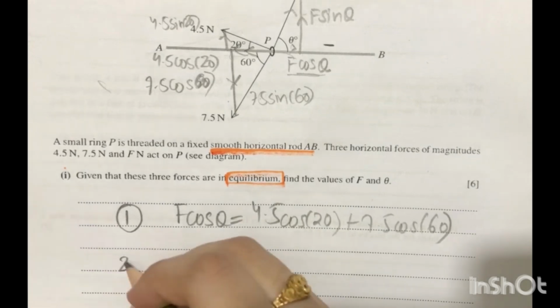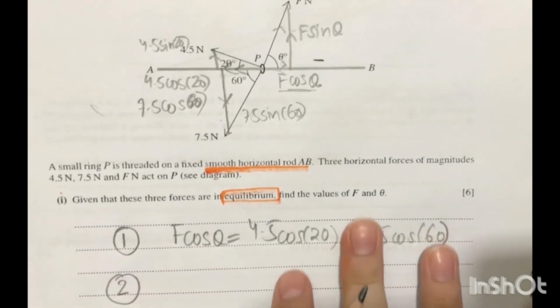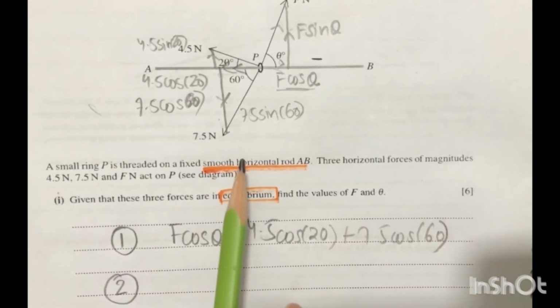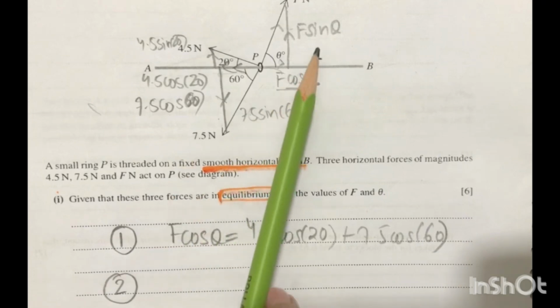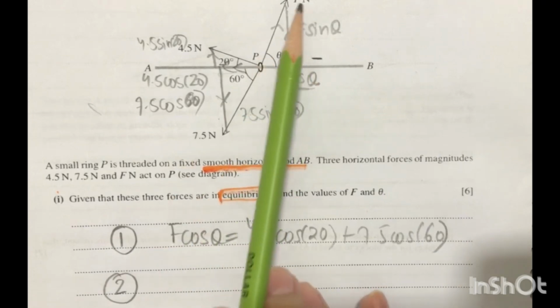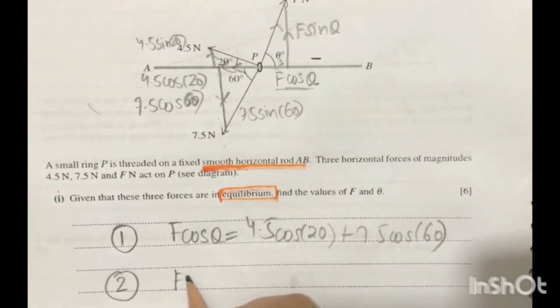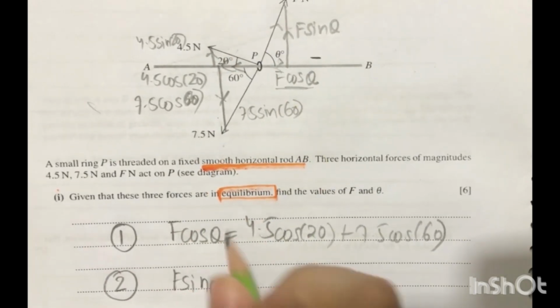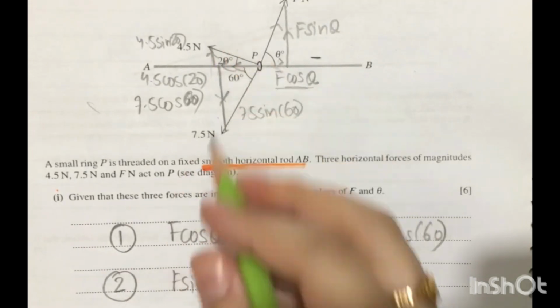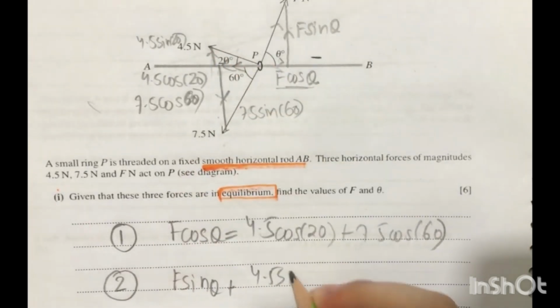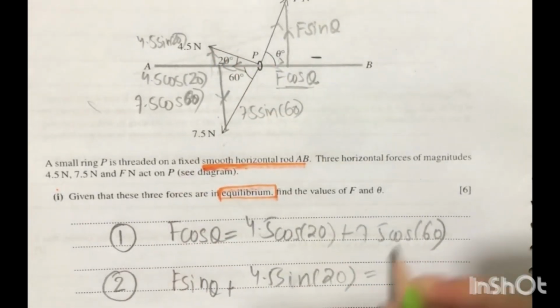And then we also know that there must also be equilibrium vertically, which means that forces acting upwards must equal the forces acting downwards. That means that F sine theta plus 4.5 sine 20 is equal to 7.5 sine 60.